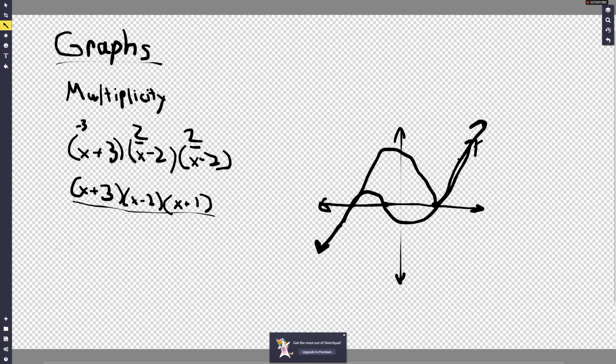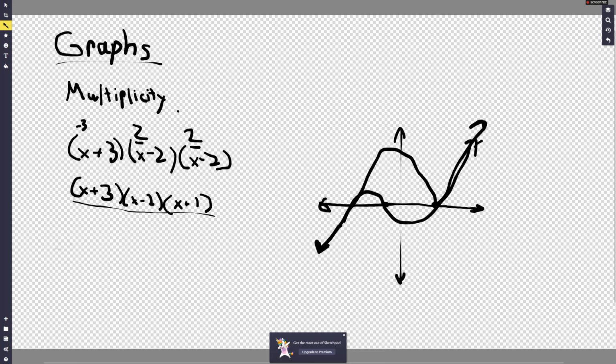There are a few things you may notice. It doesn't switch signs. It doesn't go from positive to negative like it normally does; it went from positive to positive. This is because multiplicity also dictates whether there will be a sign switch.